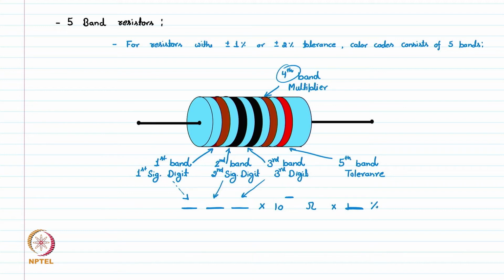Instead of the first 2 bands which were there in the 4 color code system, now we have 3 bands dedicated for the numbers, which are the first band, second band and third band, and the rest 2 bands are very similar to the 4 ring system, the multiplier and the tolerance. So the rest is exactly like what we calculated in the last slide.